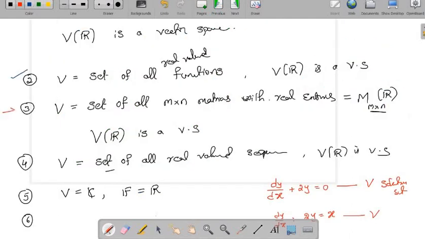Your exercise is to think of the set of all subspaces of m by n matrices. Okay, suppose if it is a square matrix, you know there are many subsets for a square matrix. For example, symmetric matrices, skew symmetric matrices, nilpotent matrices, or the set of all matrices whose trace is 0.